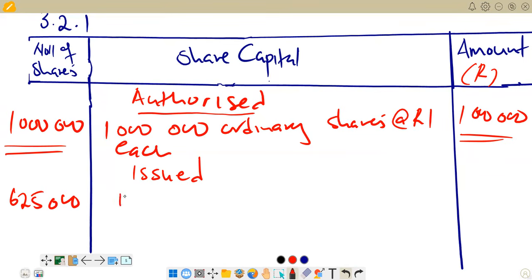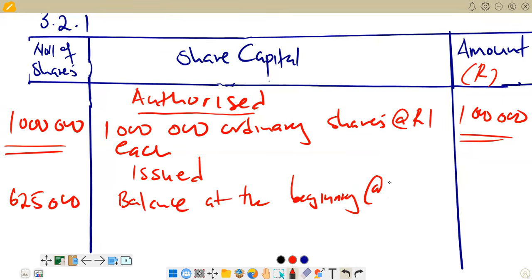This is balance at the beginning. The price per share now we are given there is 3 Rand 20, so it's 3.20. So now to get the value here, we are saying 625,000 multiplied by 3 Rand 20, and we get 2 million. So we have 2 million here. So that's what we have.